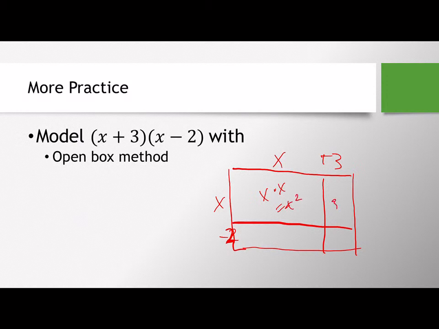Three times x equals 3x. Negative 2 times x is negative 2x. And we have 3 times negative 2, negative 6. So in all, we have x squared plus 3x minus 2x minus 6 equals x squared plus x minus 6.